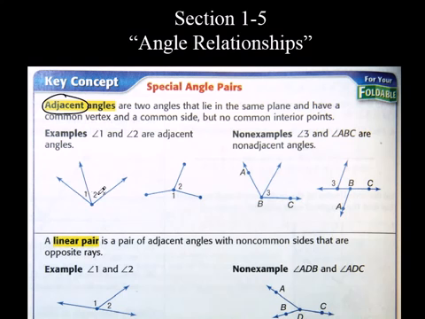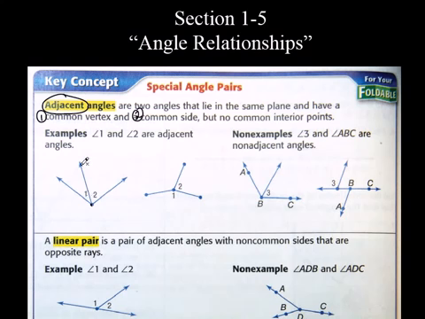So if you look at 1 and 2, what does it mean to be adjacent? Well, they first have to have a common vertex. Do angle 1 and angle 2 share the same vertex? Absolutely. Angle 1 has this point as a vertex, and angle 2 has this point as a vertex. The second thing is they must have a common side.